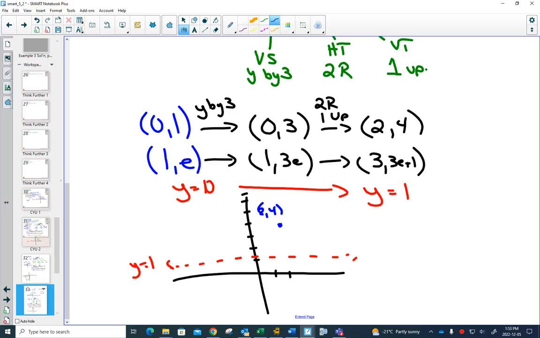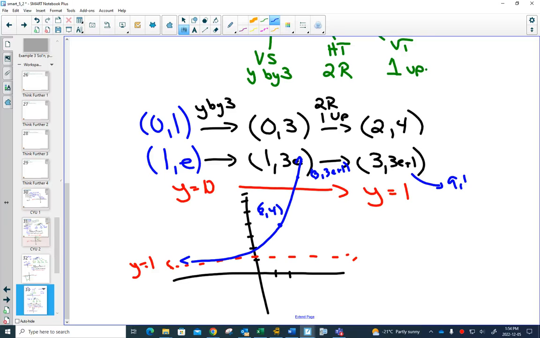Well, if you think of e as 2.7-ish, if you multiply that by 3, you get 8.1. You could estimate this to be around 8.1 plus 1, 9.1. So I'd go to 3 and 9.1, and I just estimate about where that would be is enough to get the shape of the graph to look like this.